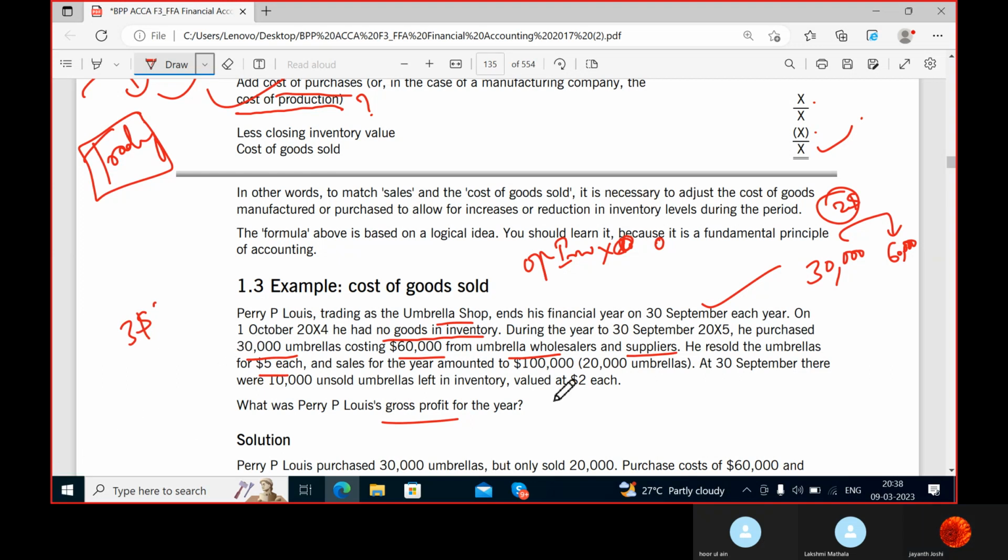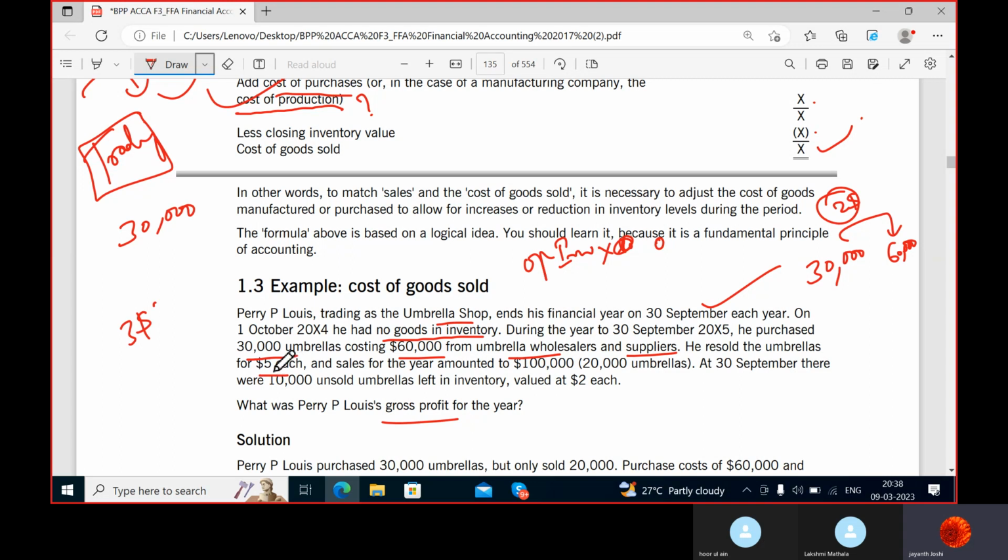Now, we will see how many umbrellas he sold, and whether there is any closing inventory in this question or not. It is a very simple question. There is no opening inventory. Purchase is 30,000 units and he sold umbrellas for $5 each.